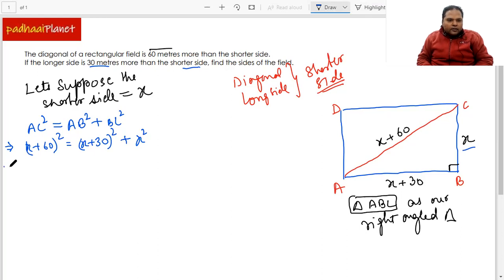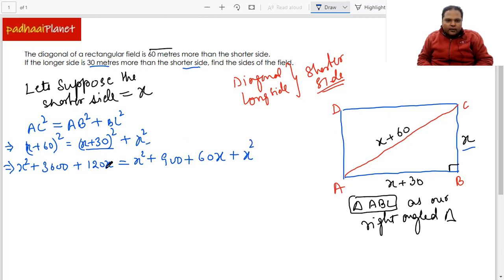Now let us start simplifying this. It is x square plus 3600, applying a plus b whole square, plus 120x, and that's equal to, expanding this, x square plus 900 plus 2ab, that makes it 60x, plus this x square.